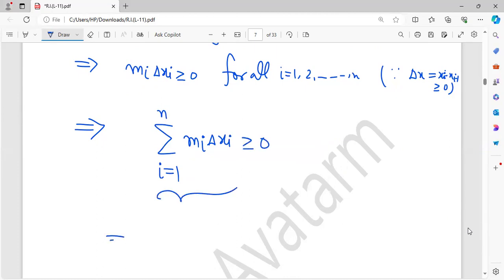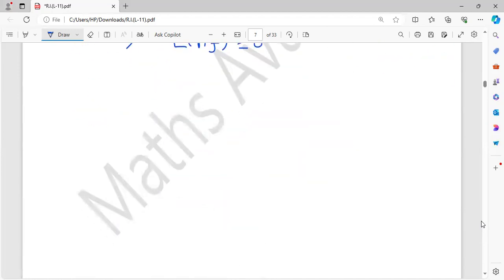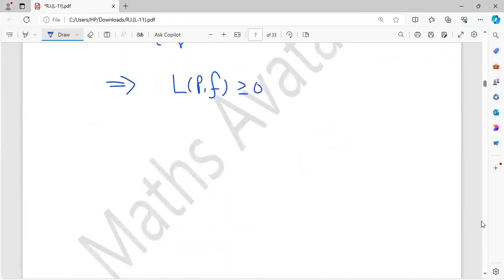What is this? This is nothing but L(P, f), for any partition P of [a, b].